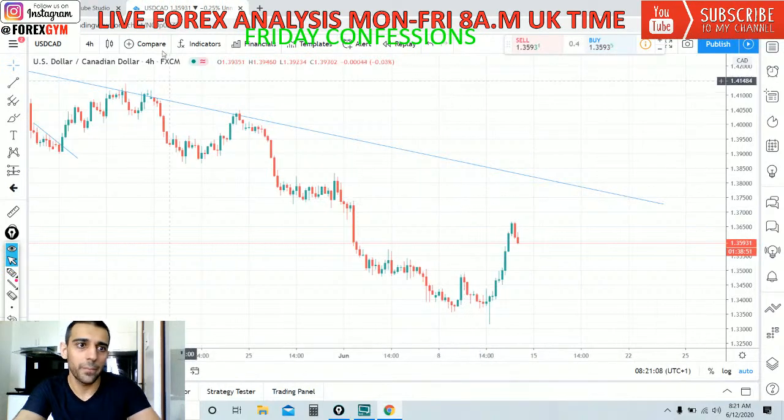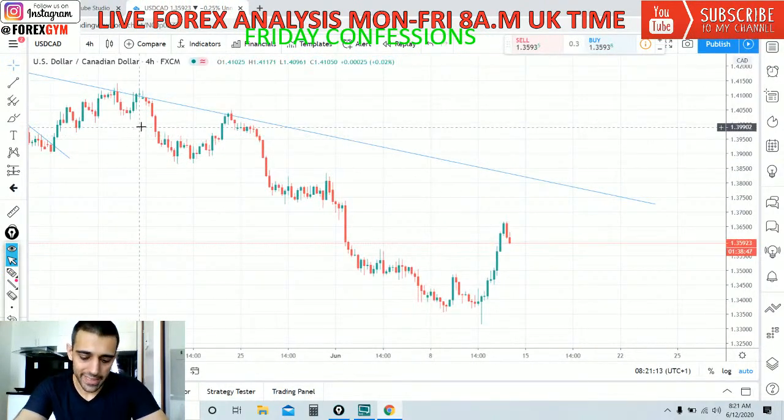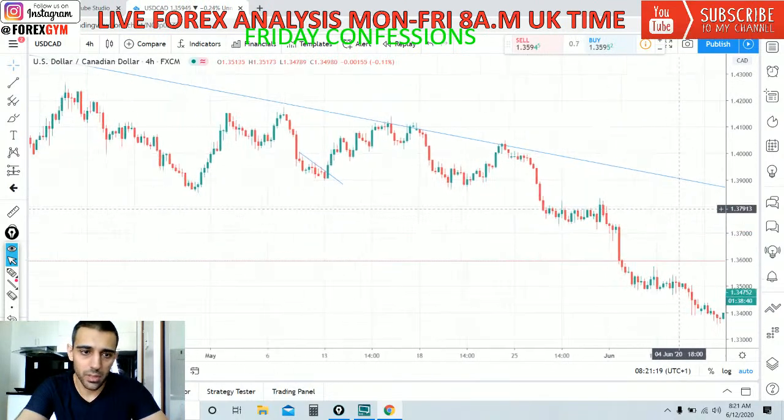Just the concern is that we are on that weekly resistance zone. Just a matter of if the price is going to push through it or not. Let's see where the price might be going.